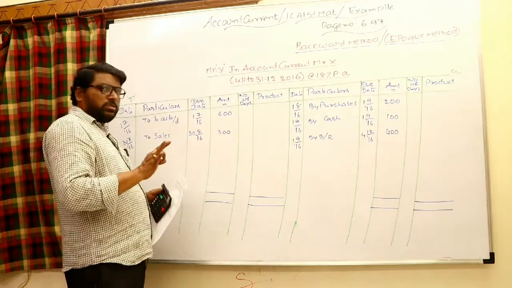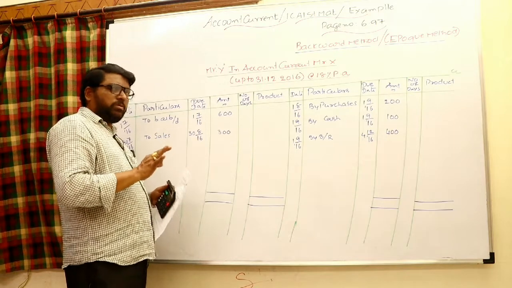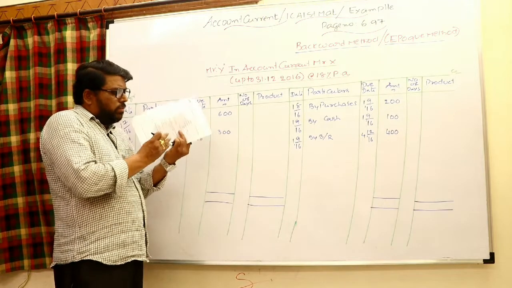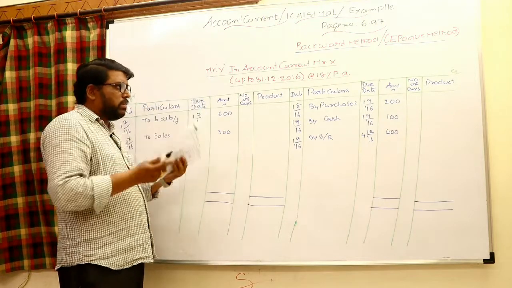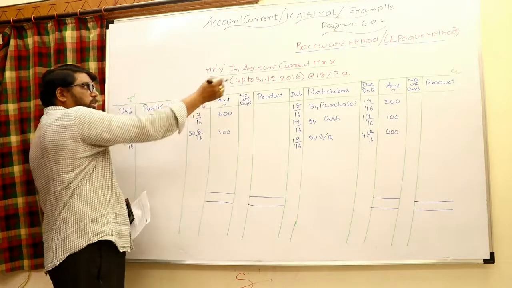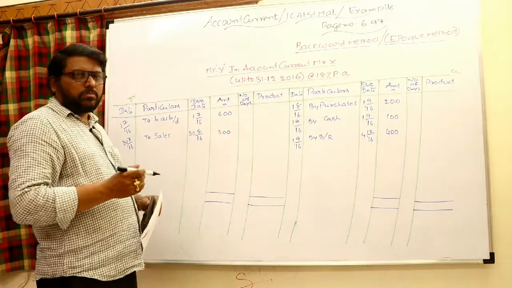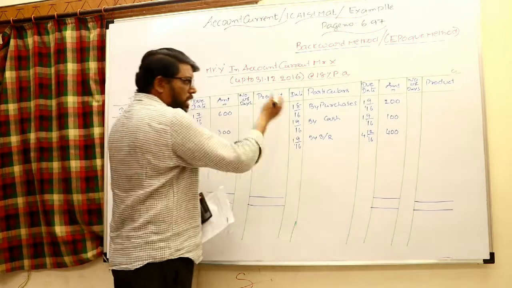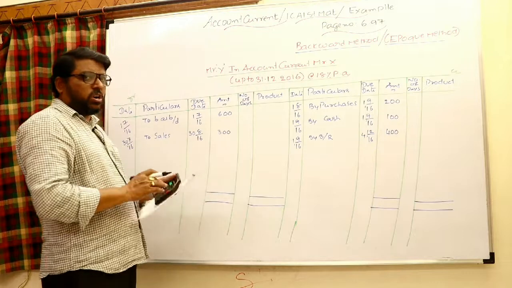The only difference is what is the difference between the forward method and the backward method, the epoch method. In the forward method, we counted the number of days from every due date to the settlement date. But here it is not like that.